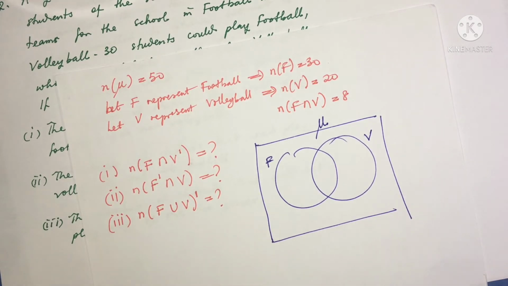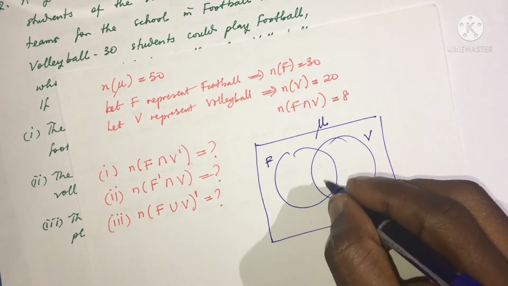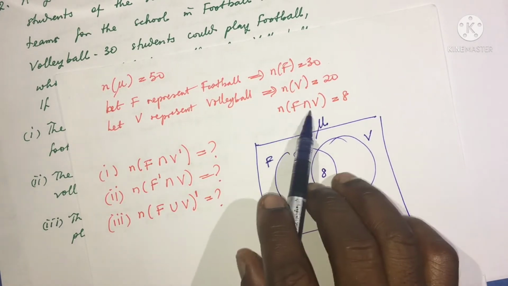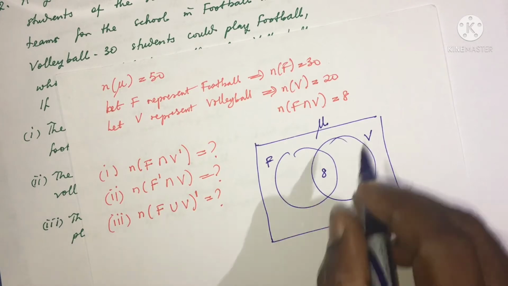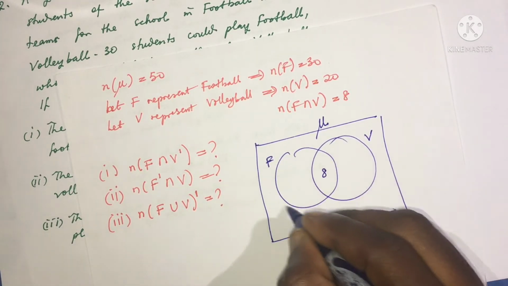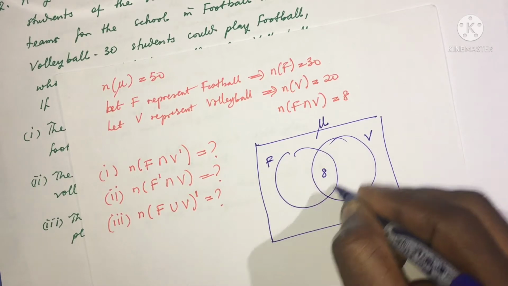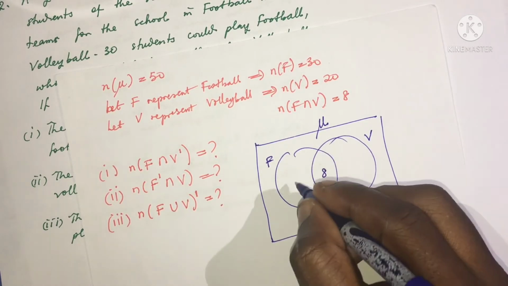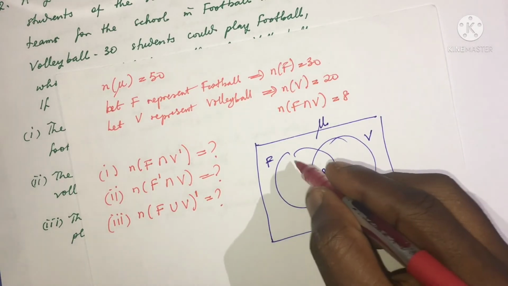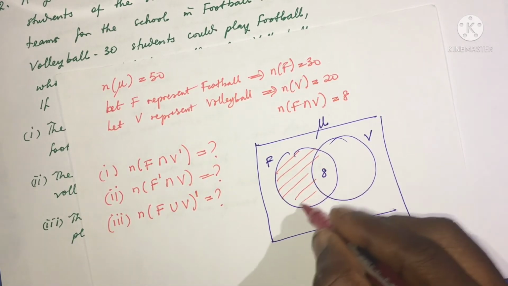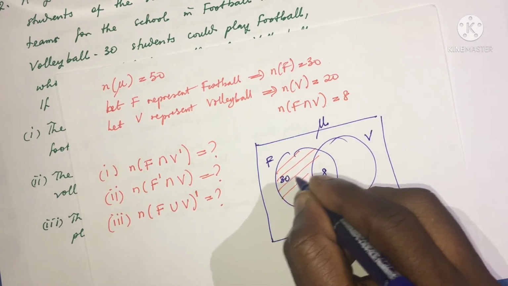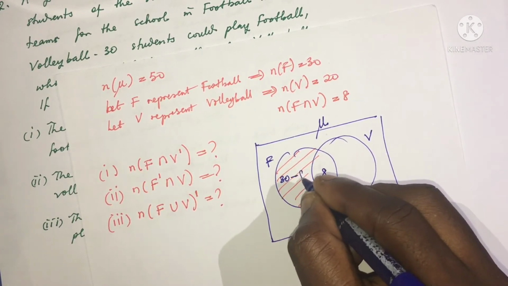Now let's see. So let's fix what we have been given. We have been given this to be 8, because we are told that those who play football and volleyball are made up of 8 students. Now, if the total who played football altogether is 30, then this portion, the half moon, will be those who played only football, and that will be 30, the total portion, minus 8.